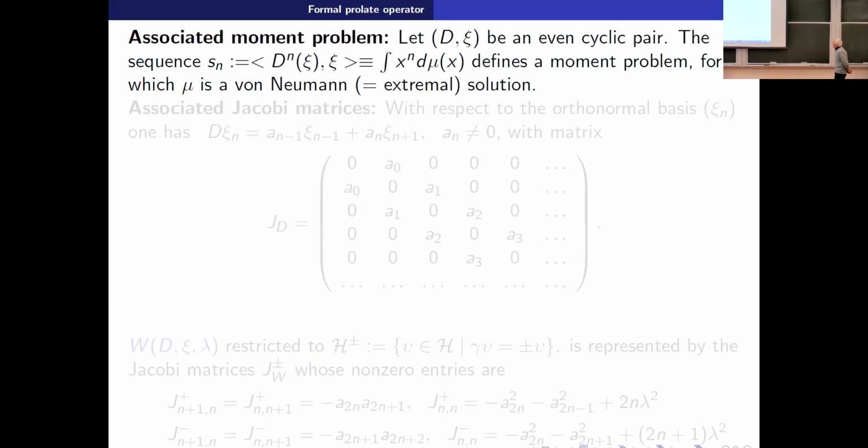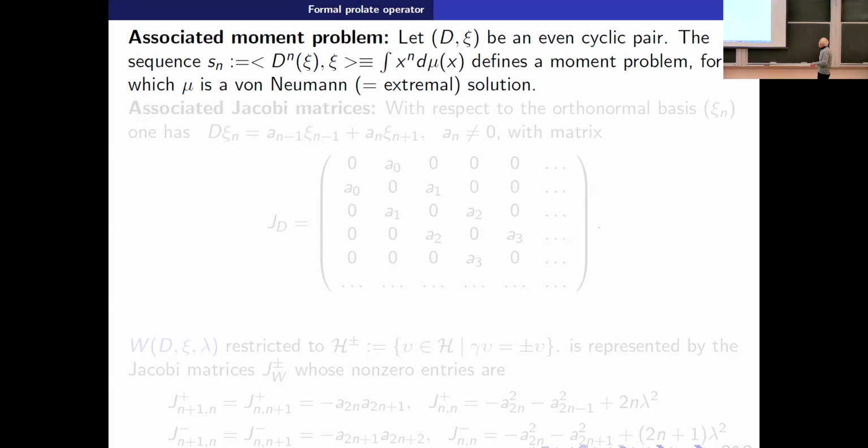Okay, and indeed, there is a moment problem which is associated to a cyclic pair, because in this moment problem, you don't start with a measure, you start with the self-adjoint operator of the cyclic pair, and you take the moments which are defined by the corresponding measure. And then you get the moment problem.